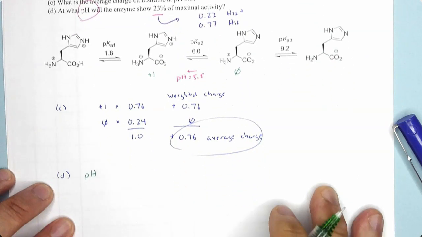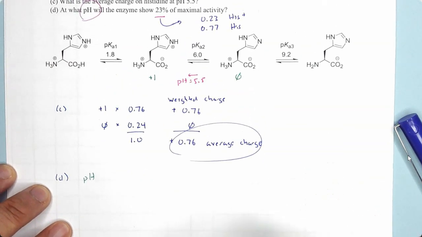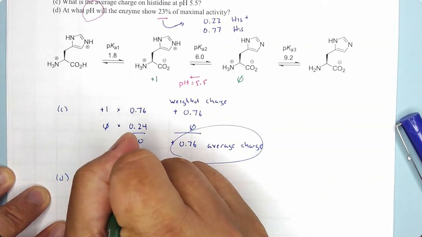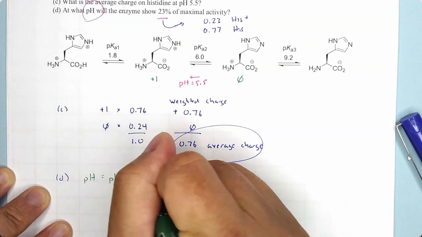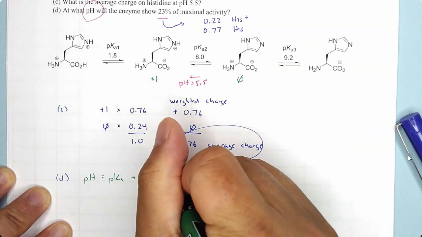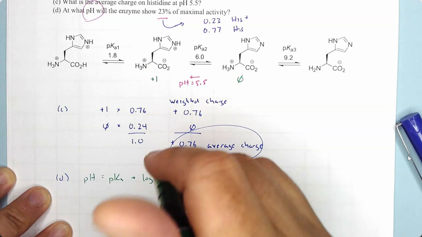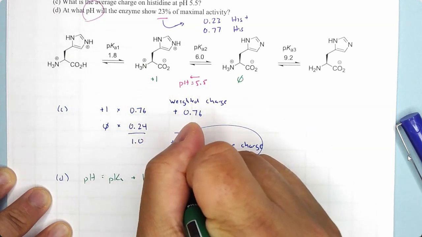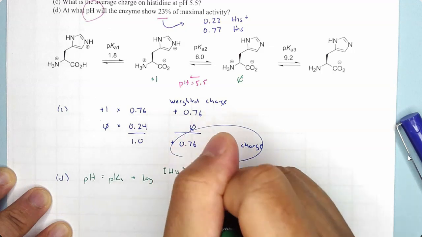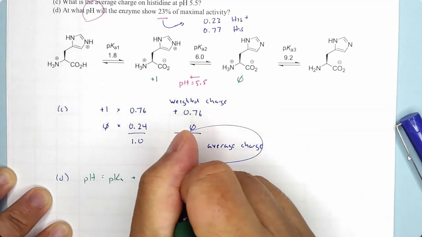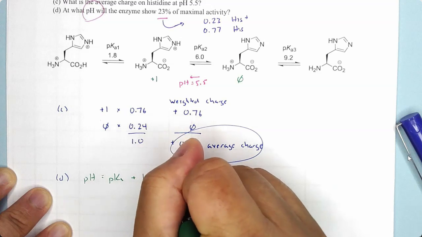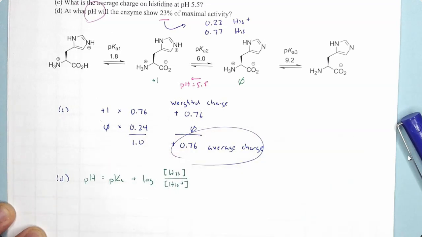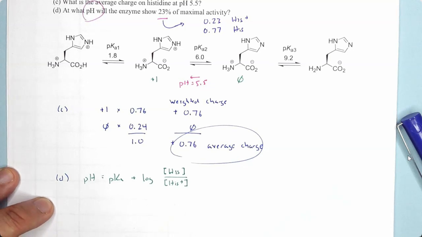pH, just lower down, equals pKa plus log of the two species. And now that we've done this before, let's just automatically input His neutral, which is the inactive, over His positive. We might have to take the inverse at some point. Oh, no. We don't have to take the inverse.